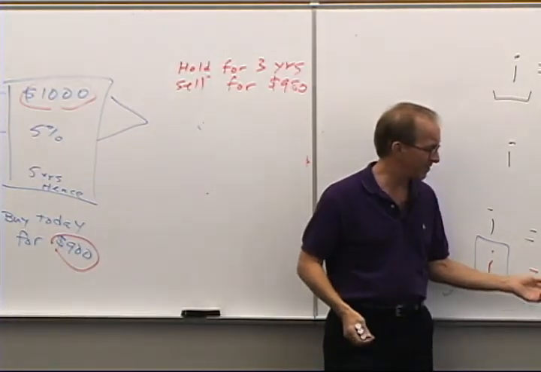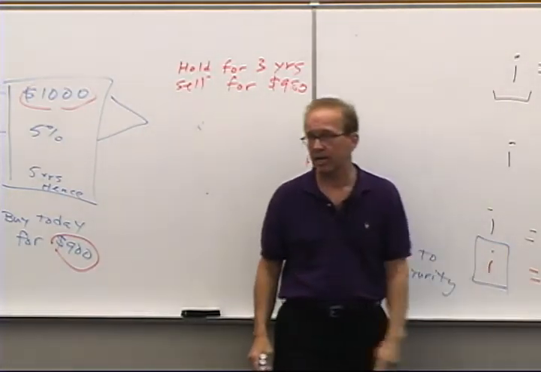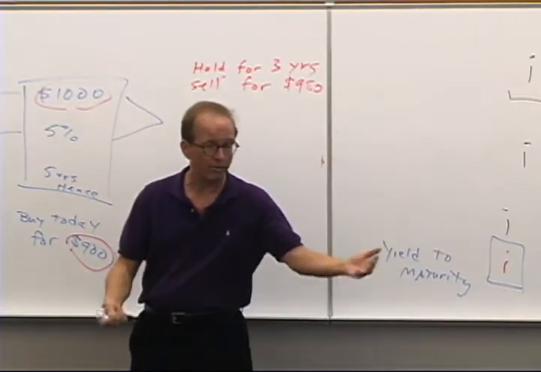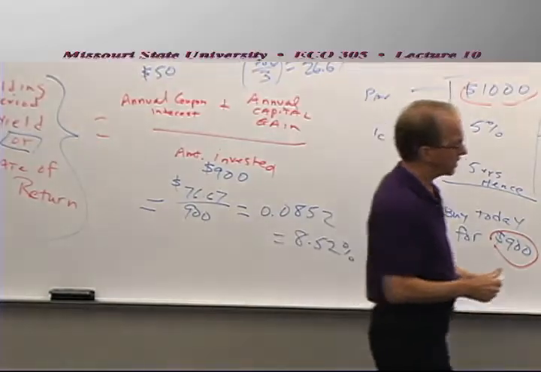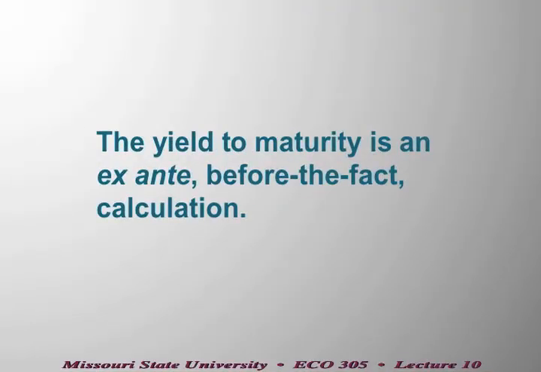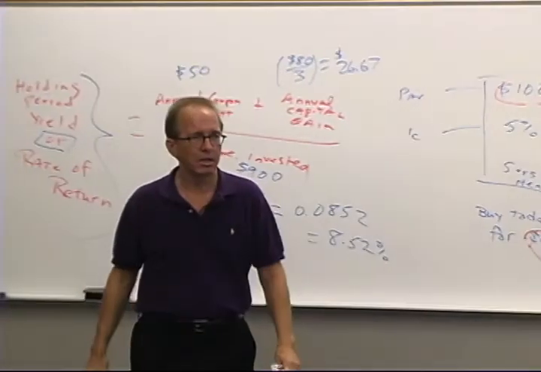Those are certain. It's like, hey, I'm going to get $20 a year in capital gain if I buy it today and hold it for 5 years. So this is an ex ante, or before the fact, type of calculation. I can calculate that before I buy that bond.